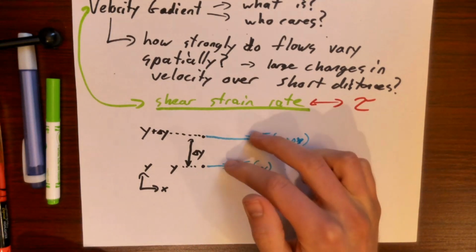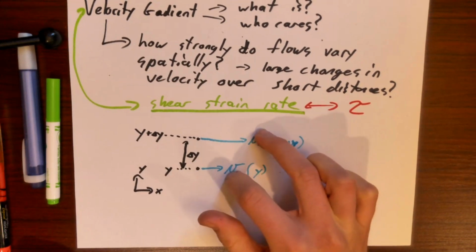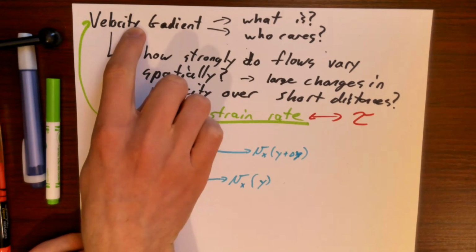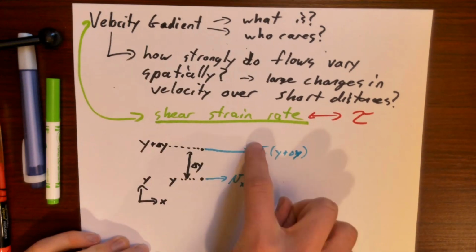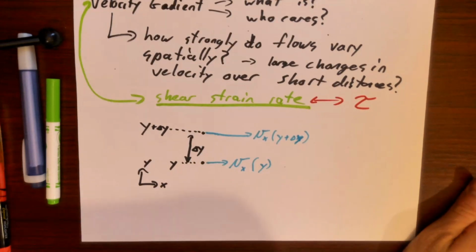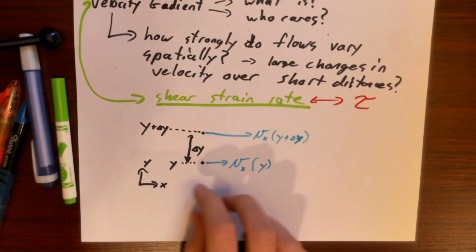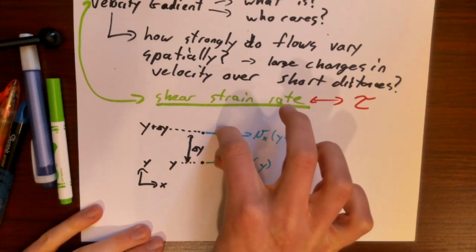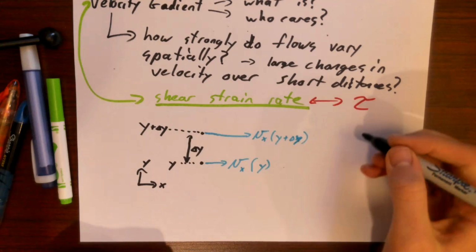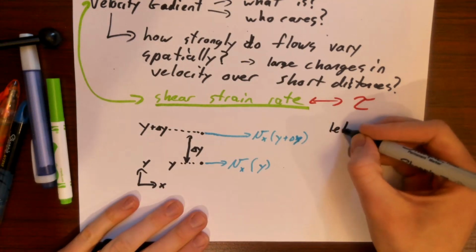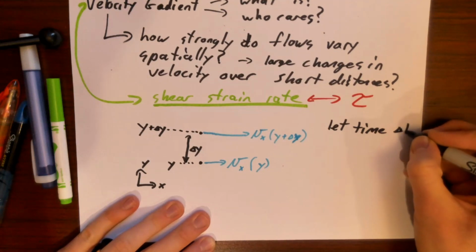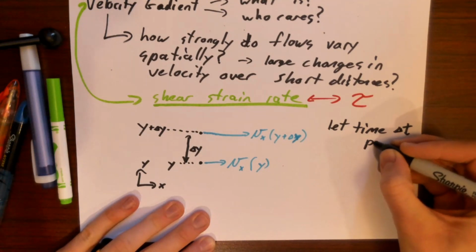So let's use this idea of these two different velocities to try to get some relationship between shear strain rate and this idea of velocity gradient, i.e. a spatial variation in velocity being related to this shear strain rate. Let's consider the fact that these 2 points are trucking along at their two different velocities. Let's consider what would happen if we let some time, for example, delta t, pass.